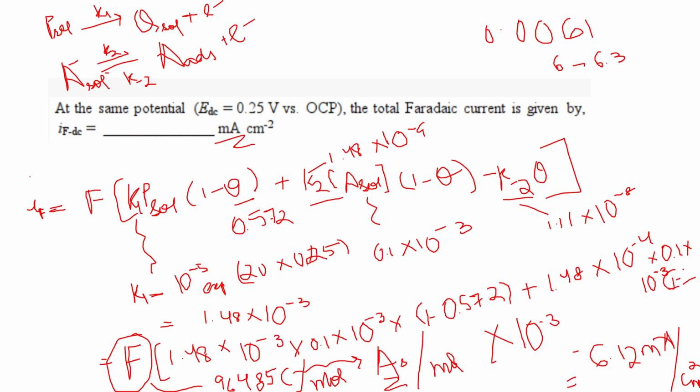0.572. Yeah. So this you have to complete. Here you will have 1.572. That term will come. Then you will also have this 0.572 minus, you have one more term k minus 2, which is 1.11 into 10 to the power minus 8 into theta, which is 0.572.